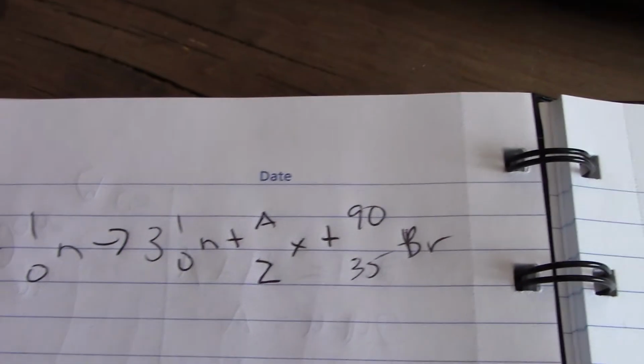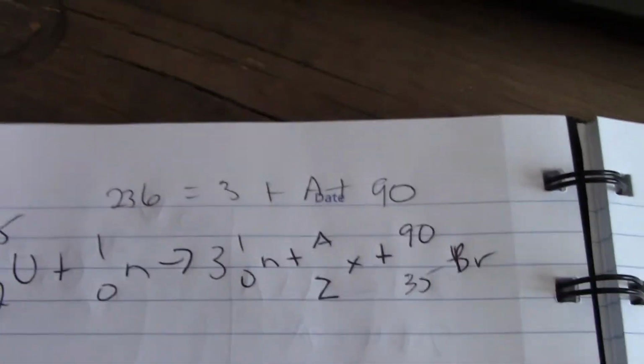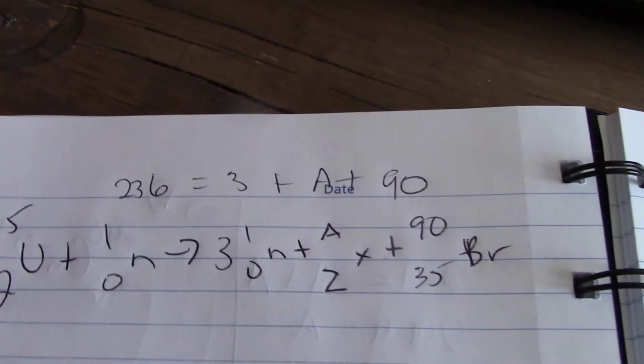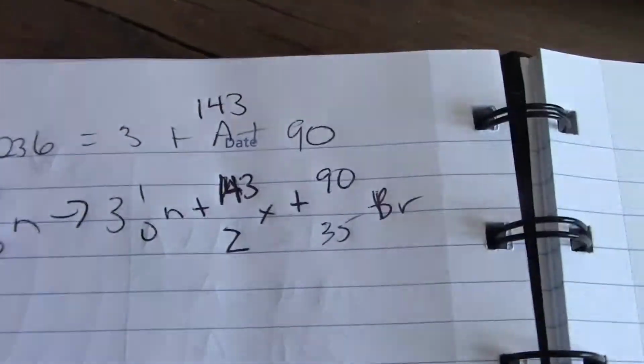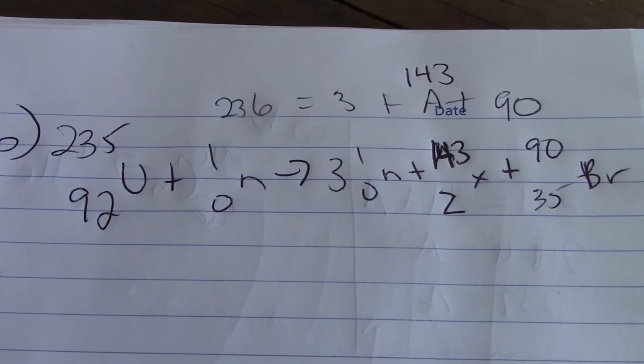Okay. So again, 236 on this side, and then this is going to be 3 plus A plus 90. So we have 93 nucleons accounted for, so we need 143 remaining. So my A is going to be 143. There's 35 protons accounted for here, right?